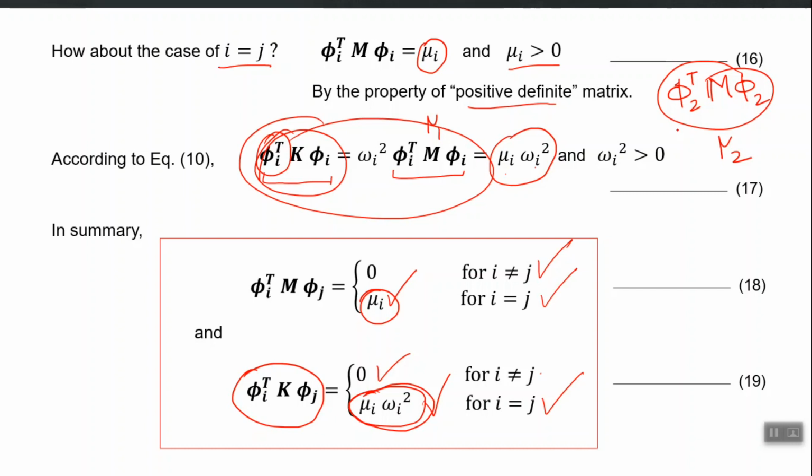But if I put 1 here, the answer will be 0. If we do phi 2 and phi 1, even then you will get 0. So, mode shapes are orthogonal to each other. Whenever you have i not equal to j, you will get 0. For i equal to j, you will get a non-zero answer.